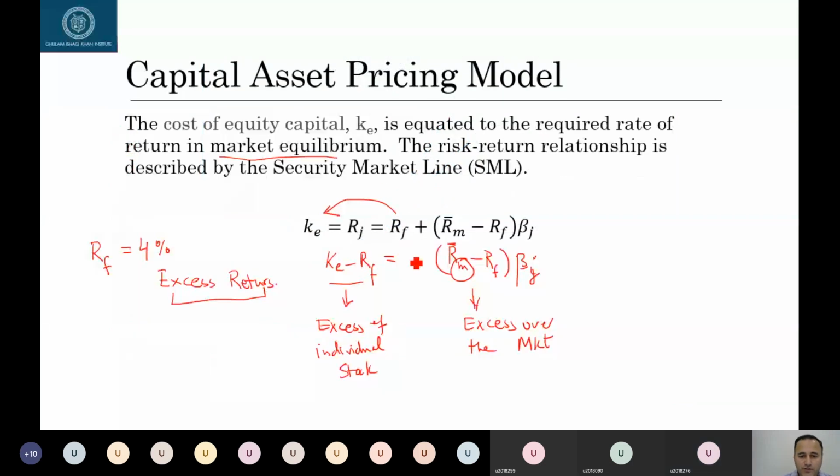Okay, so the risk-free rate here, this is the excess return for the individual stock. And what if this beta is negative? If this beta is negative, the whole return for this side will also be negative. So it means that the market is contracting.